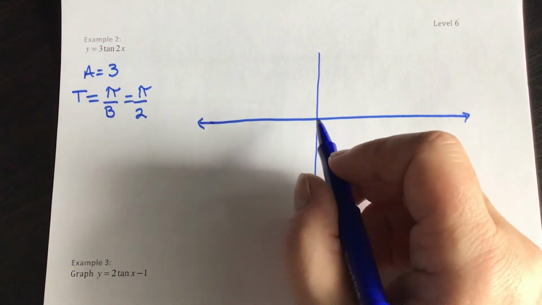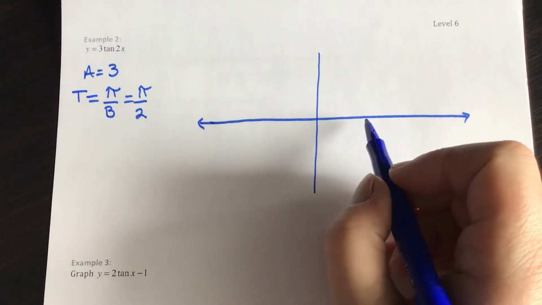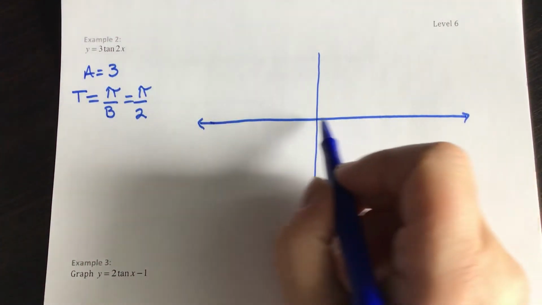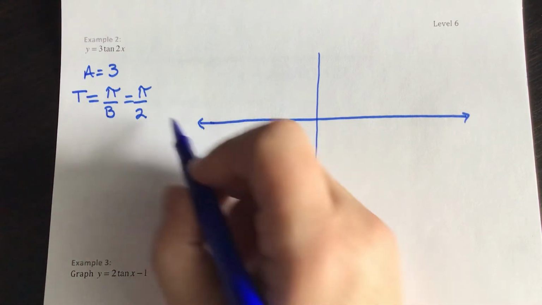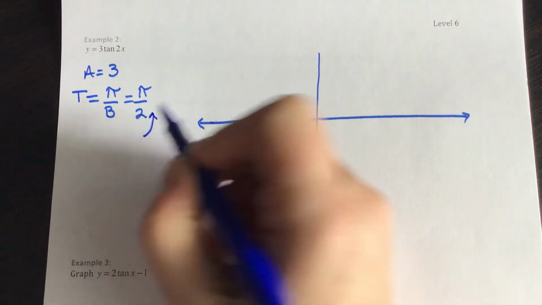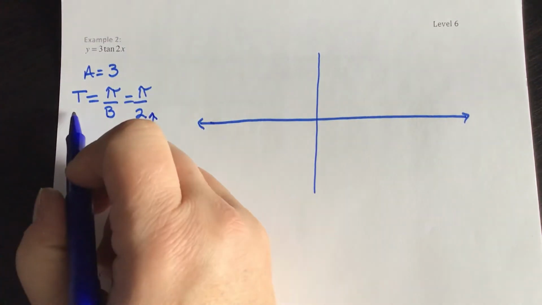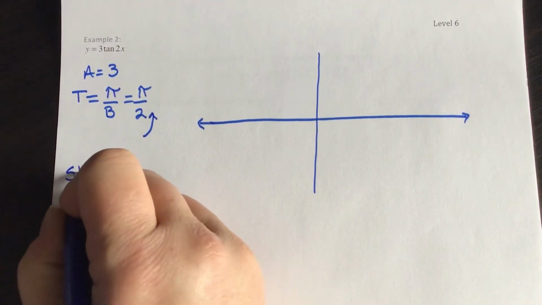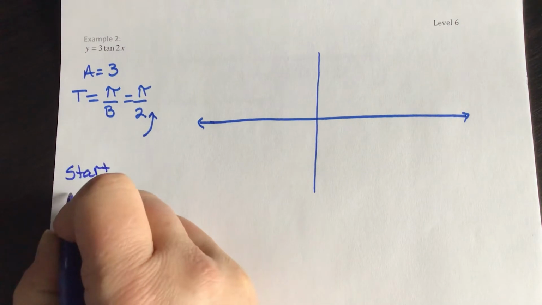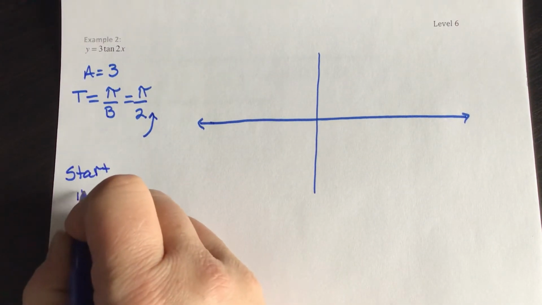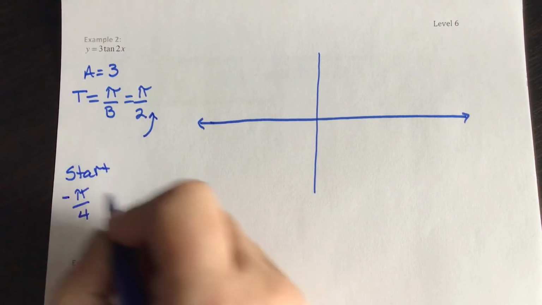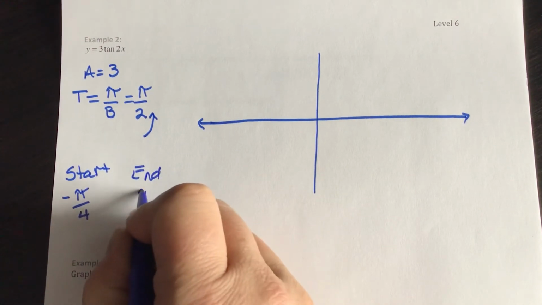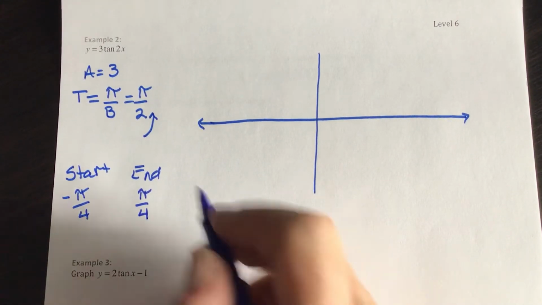So to find where I'm going to start, I need a cycle of pi over 2. And if I cut my length of time in half, I'm going to start at negative pi over 4 and end at pi over 4 in the positive direction.